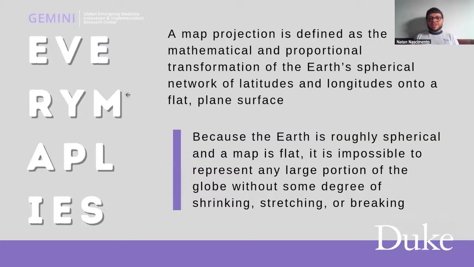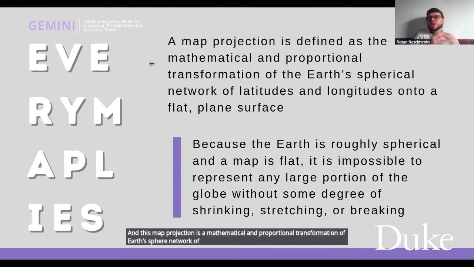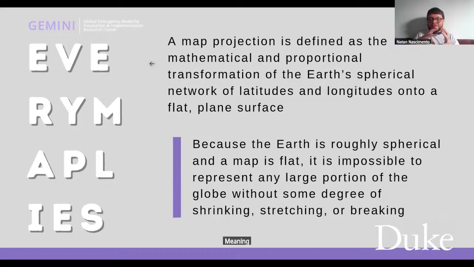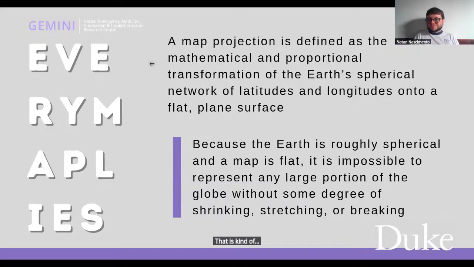And this map projection is a mathematical and proportional transformation of Earth's sphere network of latitudes and longitudes into a flat plane surface, meaning that I have a giant spherical form, shape, and I'm gonna do a translation from a sphere to a plane surface, a flat surface. That is kind of tricky.